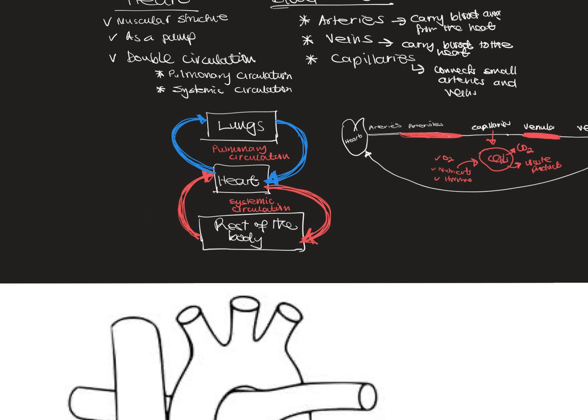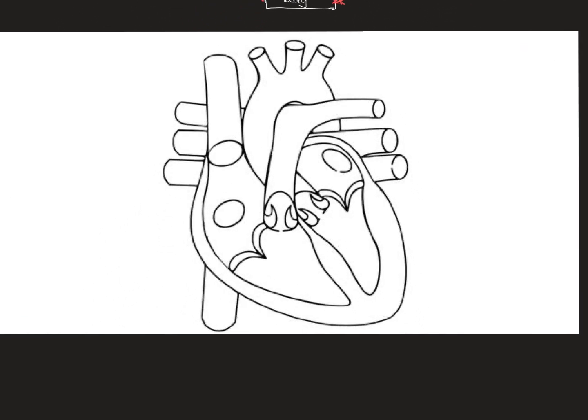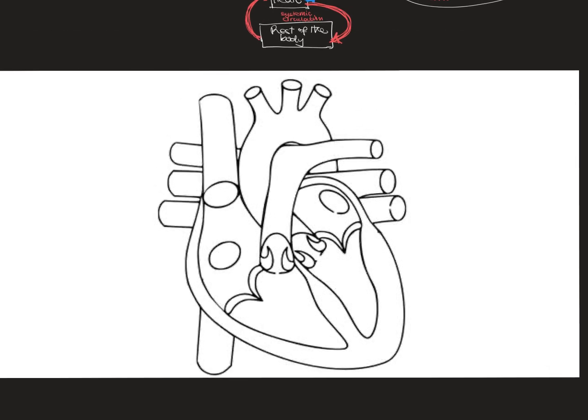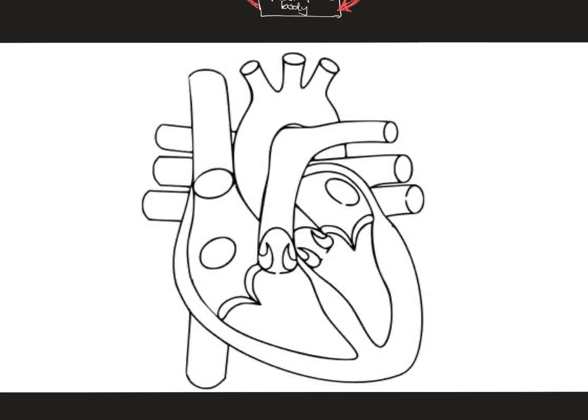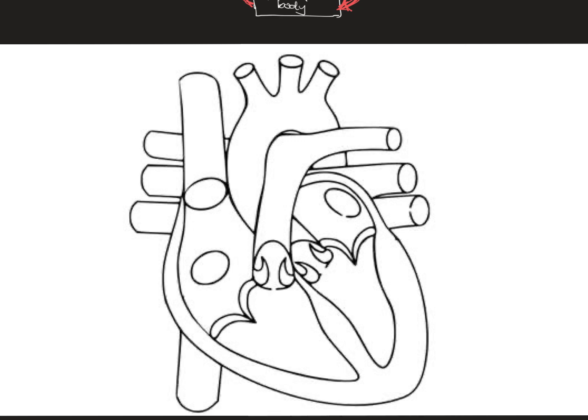So if we should talk about the structure of the heart, this is the diagram. We have two important large veins that bring blood to the heart. This structure that you see here is called the superior vena cava.